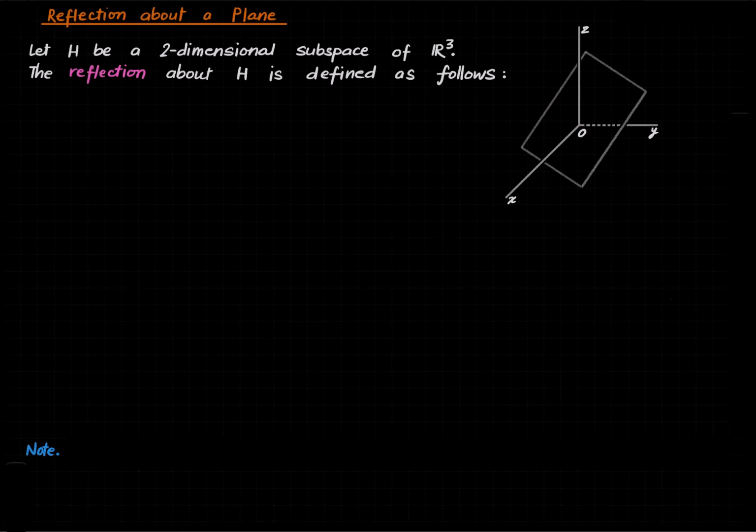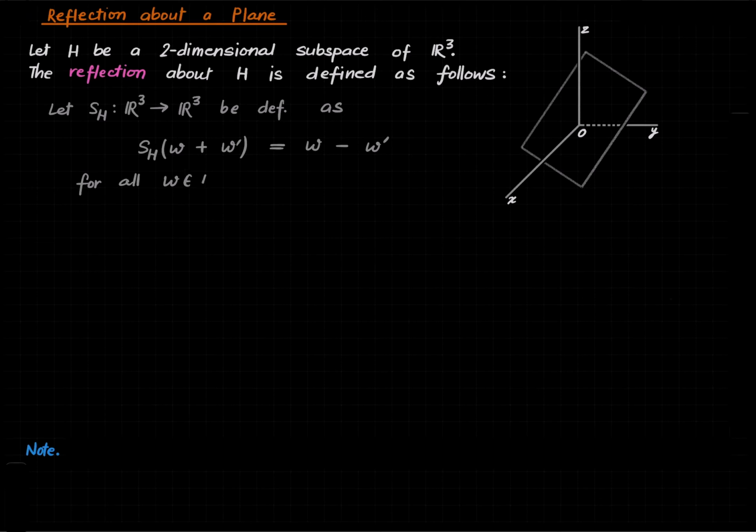S_H is defined as this particular map. This consumes a vector w plus w prime and outputs w minus w prime, for all vectors w in the hyperplane and w prime in the perp of the hyperplane.